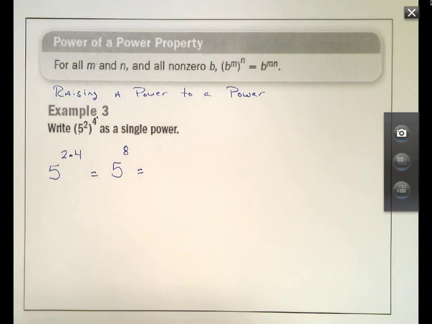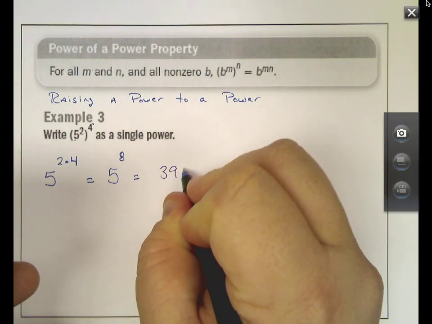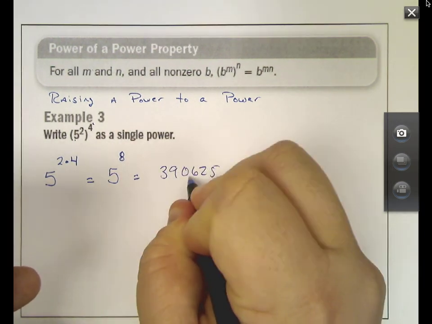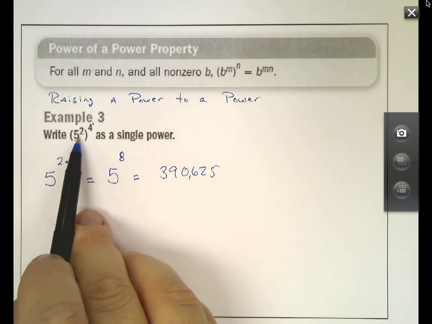Now, if you wanted to take this further and write it in base 10, 5 to the 8th power, I'm going to do it real quick on my calculator here. 5 to the 8th power is 390,625. Now, I'm just going to show you why this equals 5 to the 8th power.